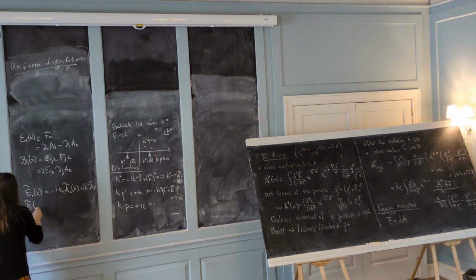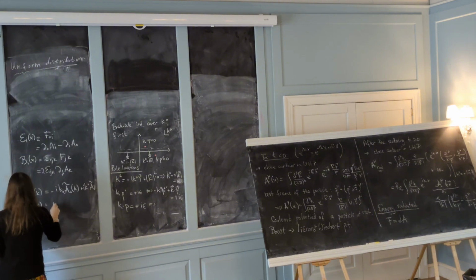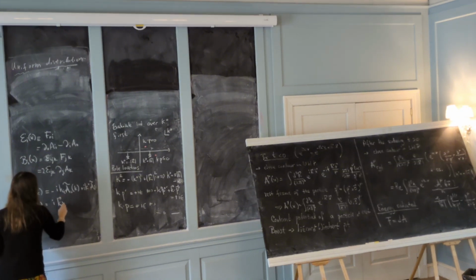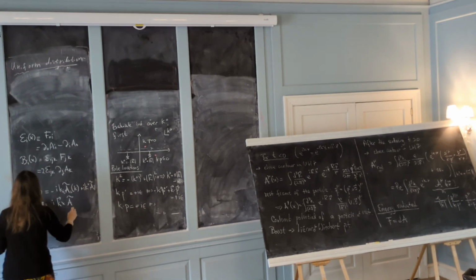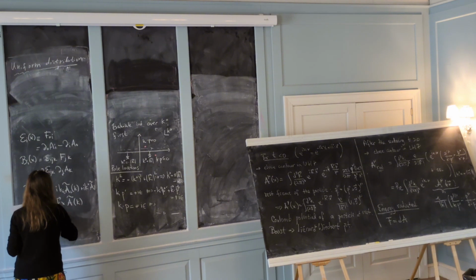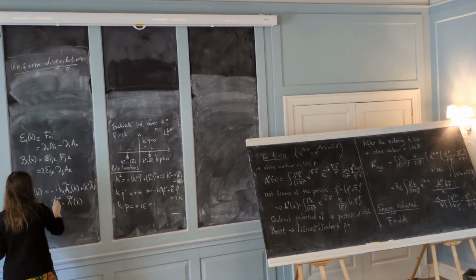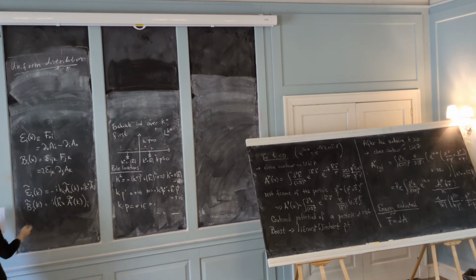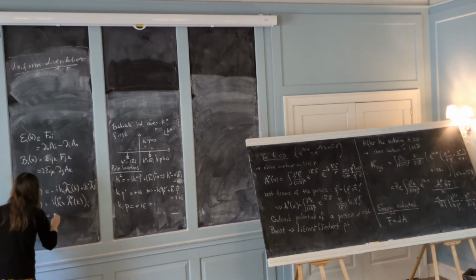And B tilde_i is i k cross product, because of this epsilon_{ijk}, a_k, the ith component of that 3-vector.